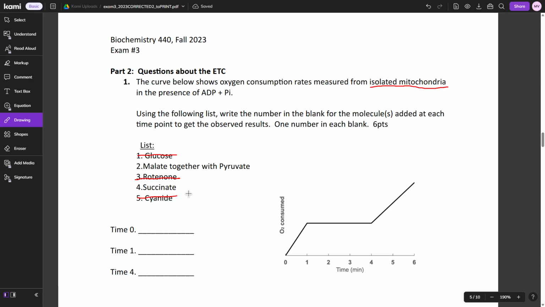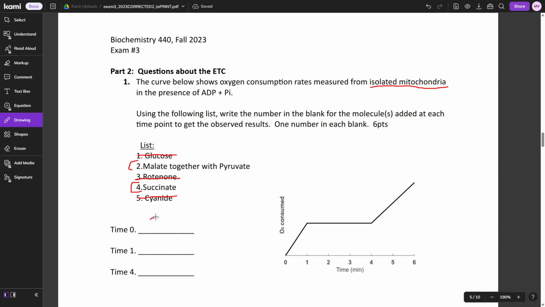Which one is the better answer here? 2. Why is this a better answer than succinate for this case? Usually it's just more NADH, right? And I'll show you later on in the question, there's another reason, but we'll go with 2 for now.